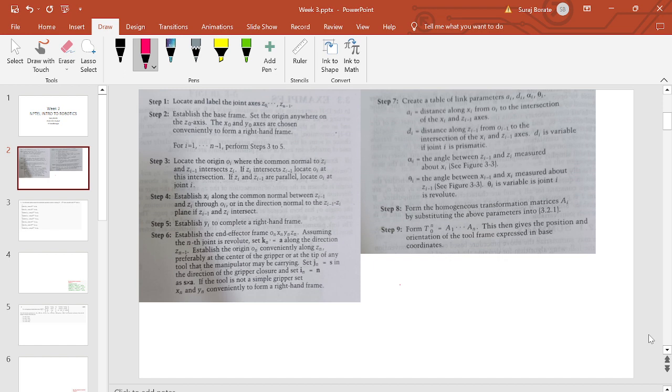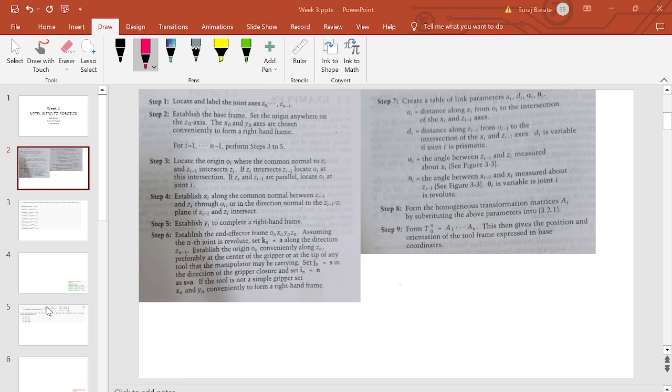The basic procedure, and why we are doing all this: I had shown you a formula for a homogeneous transformation matrix last time, and I will pull that up again. For every link you will get one matrix like this, using that link's alpha i, theta i, di, and ai.